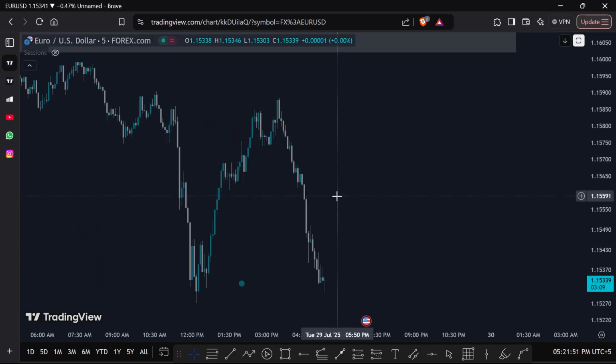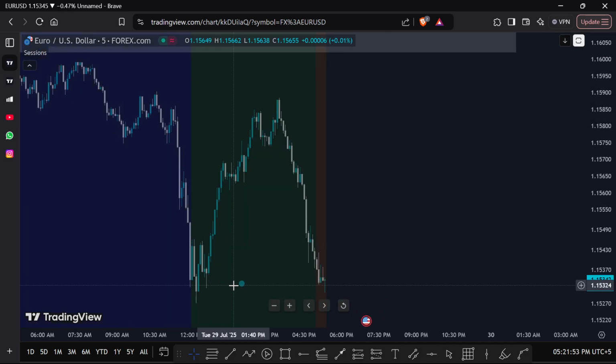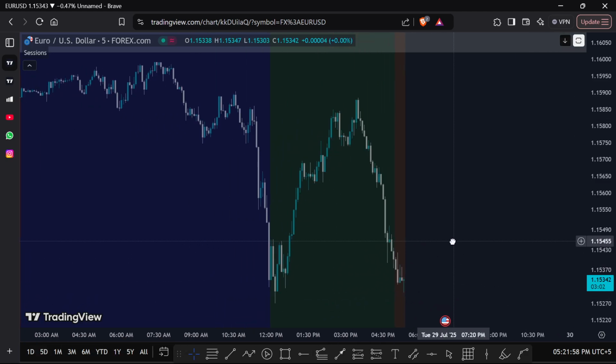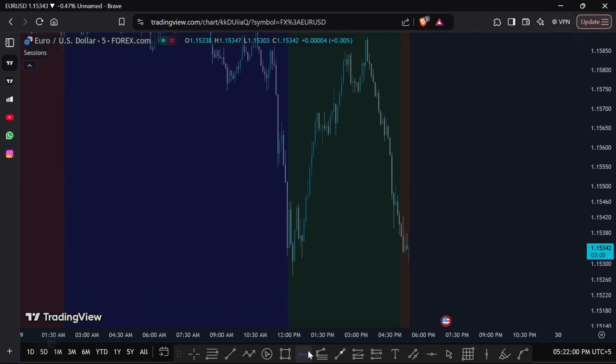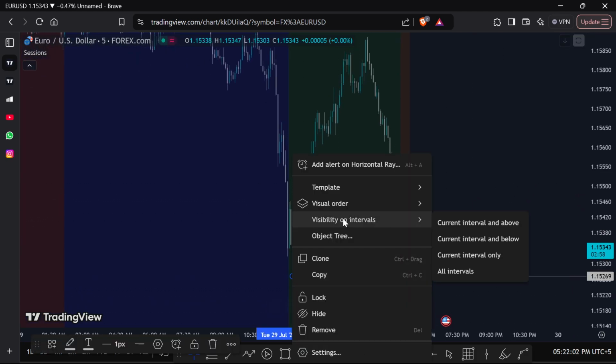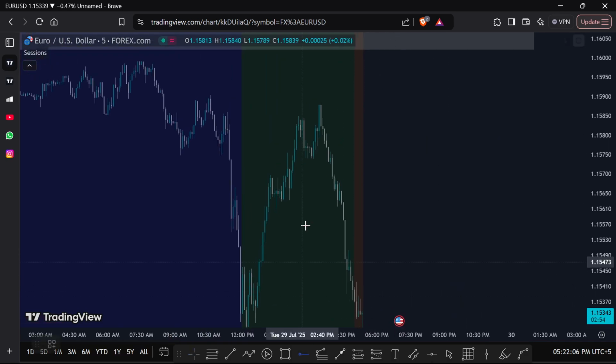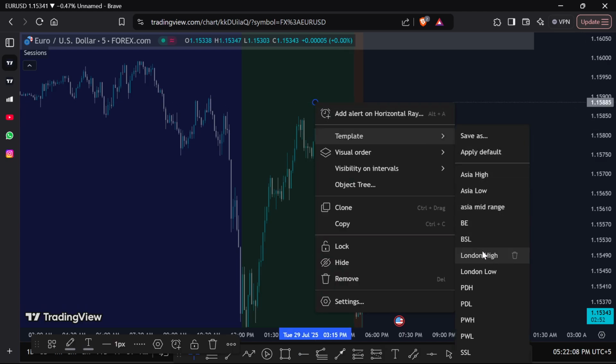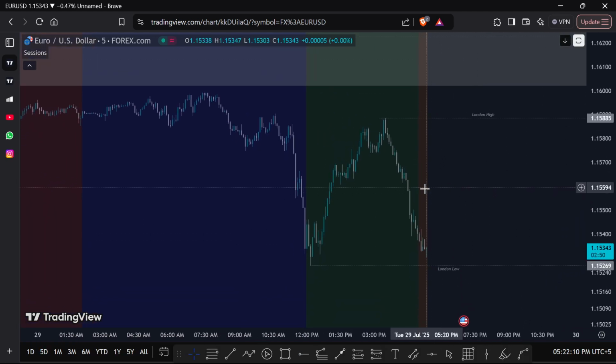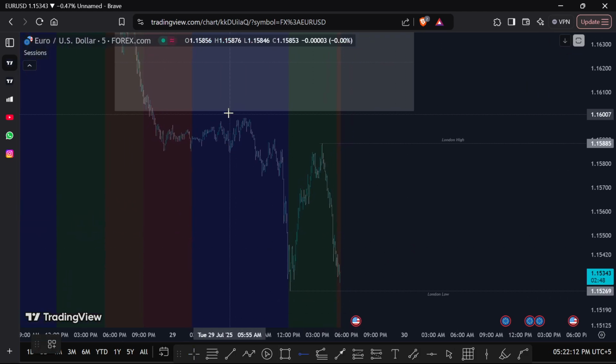Now if you look at M5, we can see that we have the London high and London low, and the Asia high. If the price sweeps the London low, then it's certainly going to be bullish.